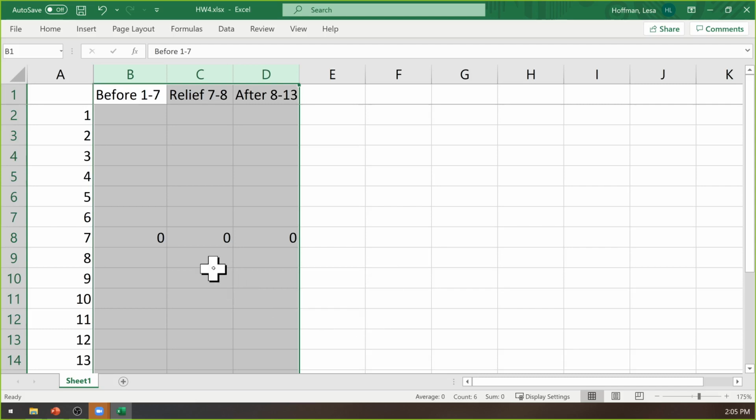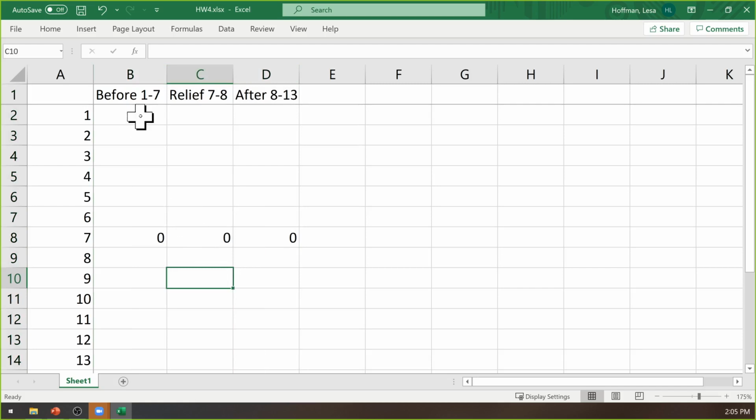So then we figure out what goes relative to these zeros for each of these periods. So relative to 0, how many occasions back is occasion 6? What goes here? Minus 1. What goes here? Minus 2.